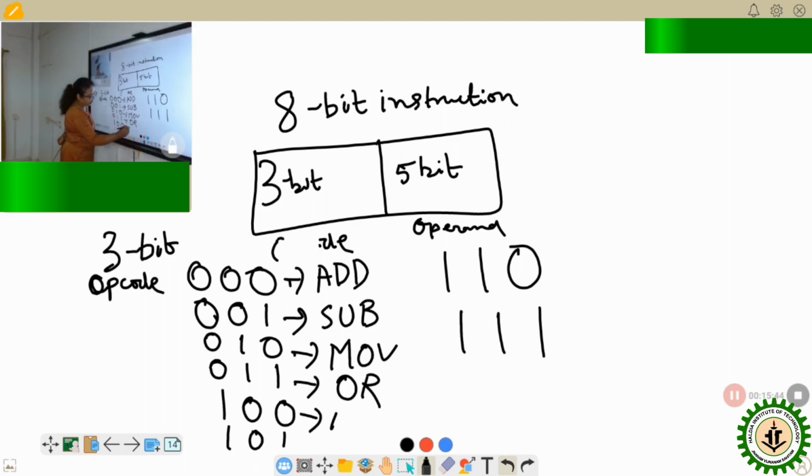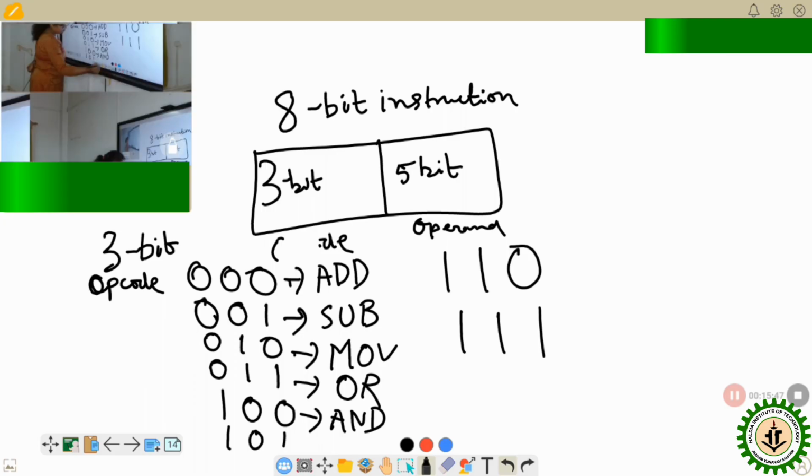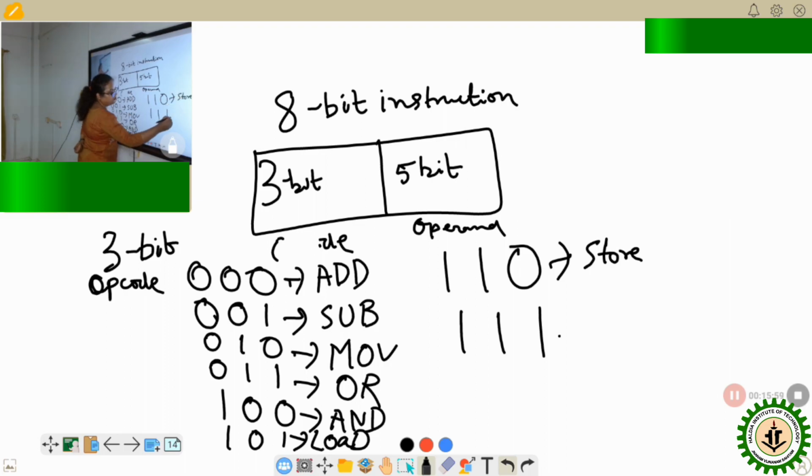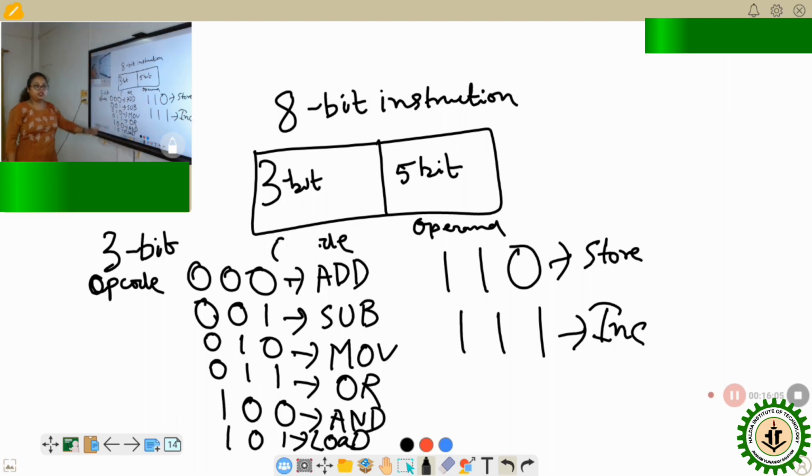For 100 and 101, load. For 110, store. For 111, increment. So these can be the 8 types of operations the CPU can understand. So you can say that with an 8-bit instruction, the CPU can support 8 instructions.